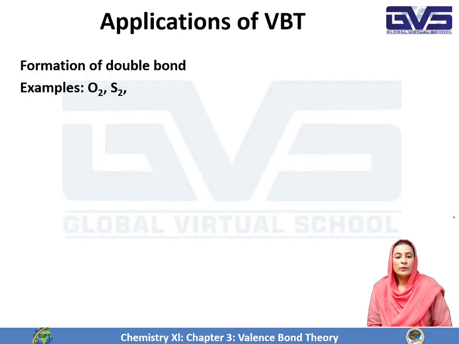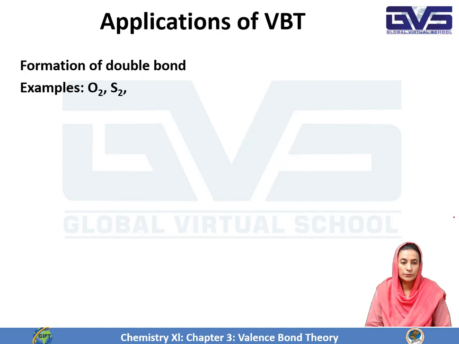So now we will look at how a double bond is formed. If an atom contains two partially filled atomic orbitals, then a double bond will be formed. Look at the example O2. The atomic number of oxygen is 8 and its electronic configuration is 1s2, 2s2, 2px, 2py and 2pz, totaling 8 electrons. So it has two partially filled atomic orbitals, so oxygen will form two bonds.